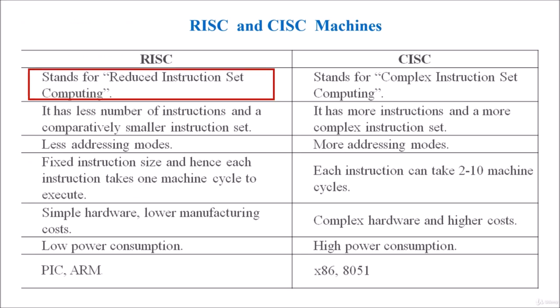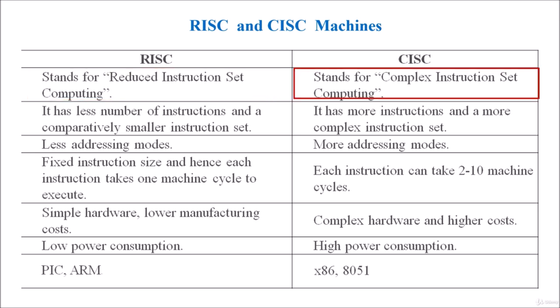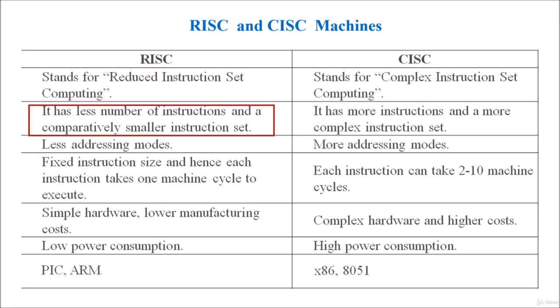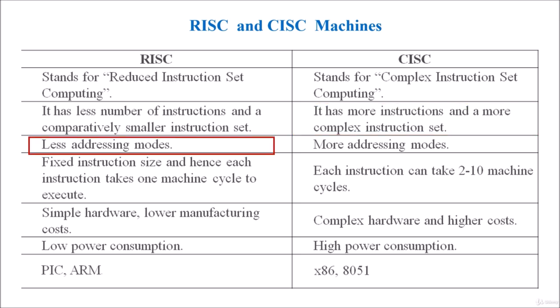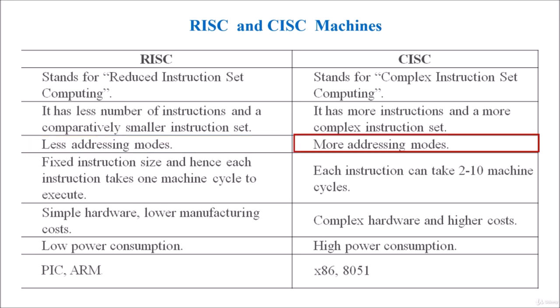Let us understand difference between RISC machine and CISC machine. RISC stands for Reduced Instruction Set Computing, while CISC stands for Complex Instruction Set Computing. RISC machine has less number of instructions, while CISC machine has more instructions and the instructions are complex. Less addressing modes are used in RISC machine, whereas more addressing modes are used in CISC machine.